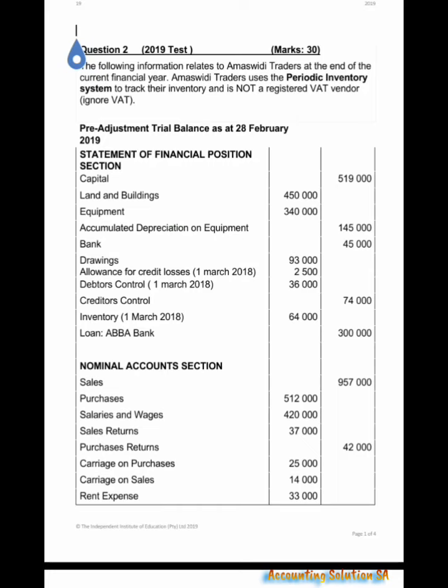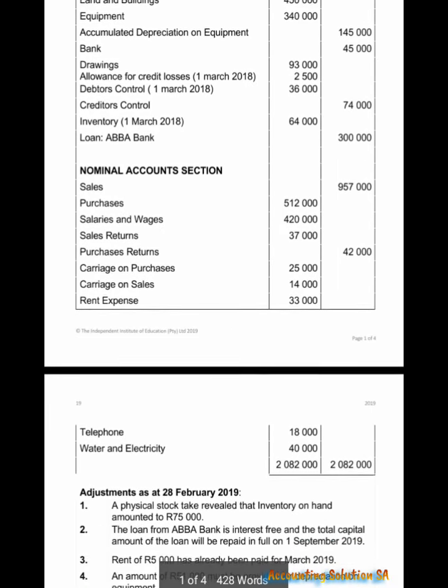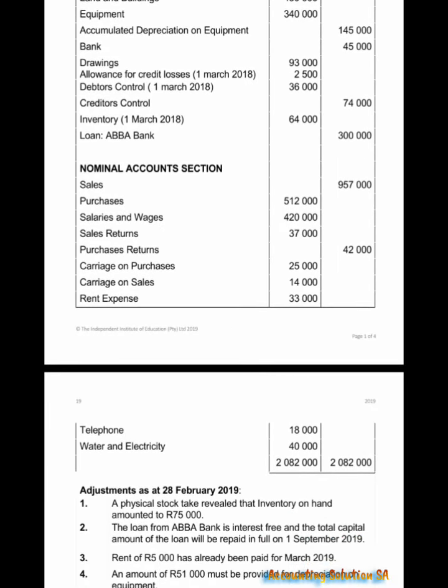Then let's look at the information that we have. We have a pre-adjustment trial balance as at 28 February 2019. Then we have a statement of financial position section. Most of those balances are the ones that we are going to use when we prepare the balance sheet section. Then we also have a nominal account section. These are the balances that we are going to use when we prepare our income statement.